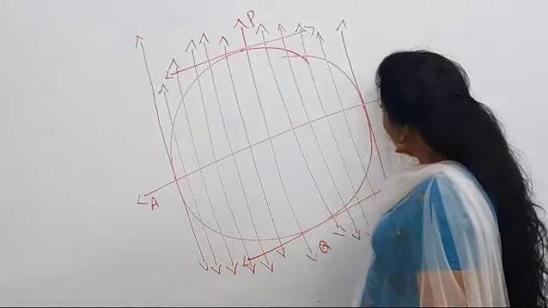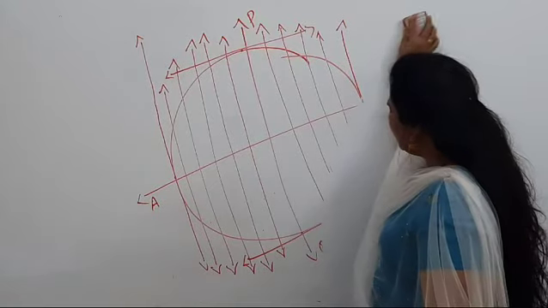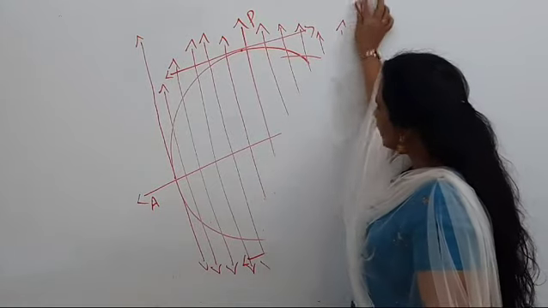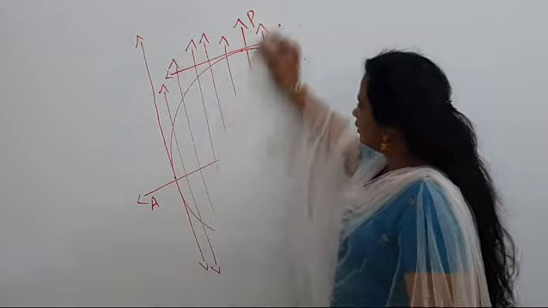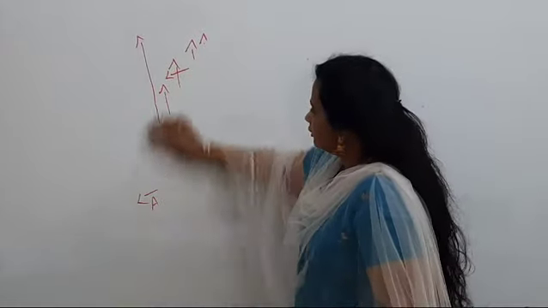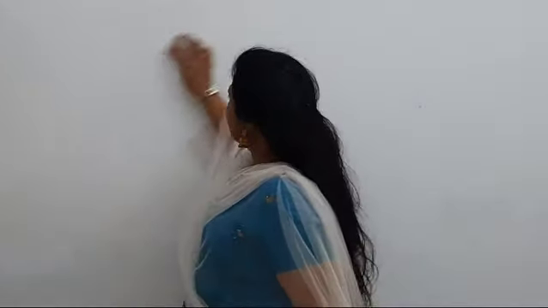Before going to Theorem 10.1, I would like you to understand the activity or the understanding of this concept. Actually, children, math is nothing but observing what is happening around us. That is what math is.